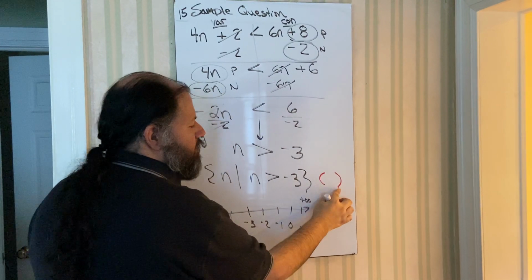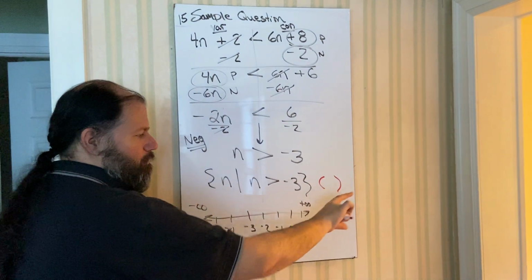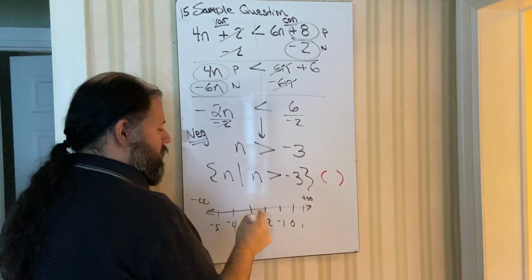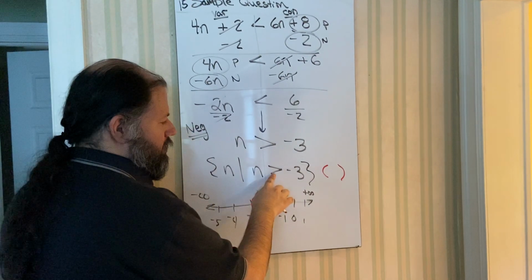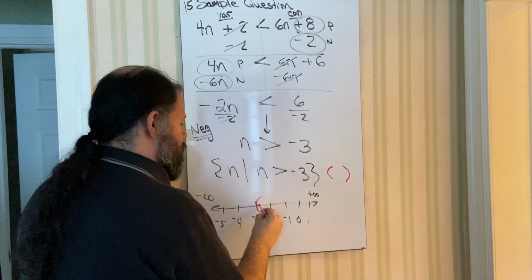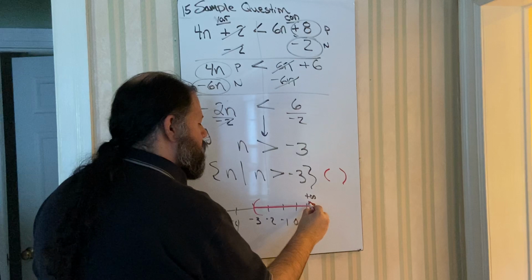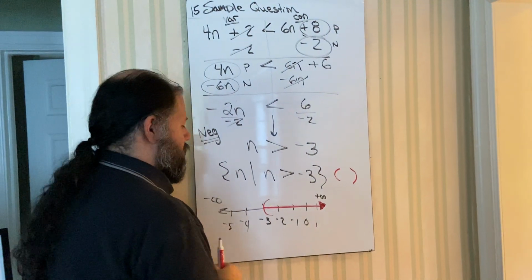Which one of these parentheses? Remember, it's greater than, so I want it to open up to the greater side. So at negative 3, we're going to use this set of parentheses. And then since I want greater, go to the positive. Right? Greater will always show to the positive if the variable is on the correct side.